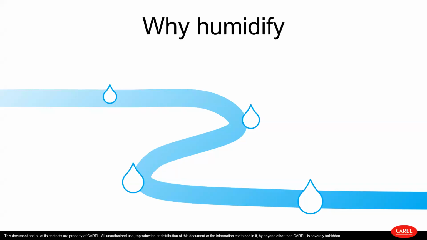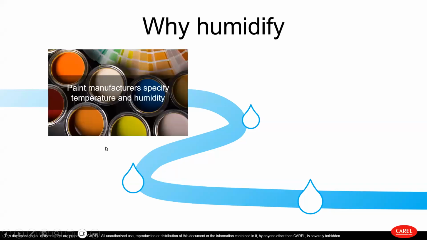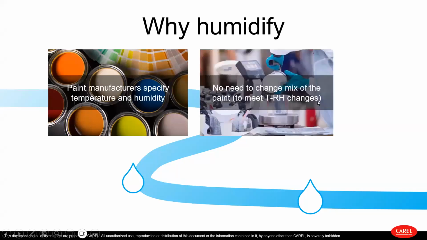First of all, because paint manufacturers specify the correct temperature and humidity for the process. The reason is that coatings behave differently depending on the room temperature and the humidity content of the air.